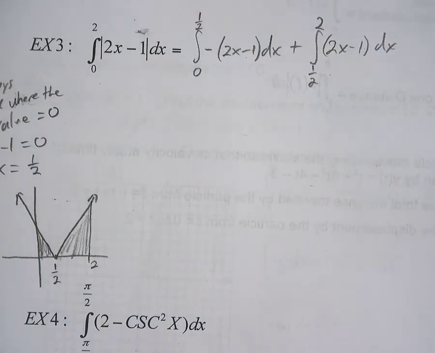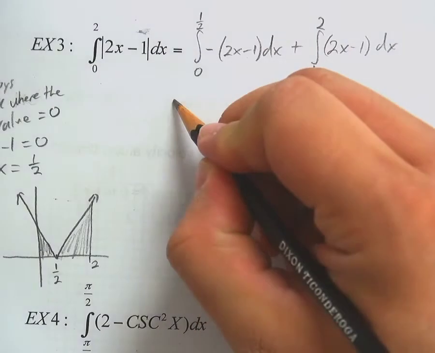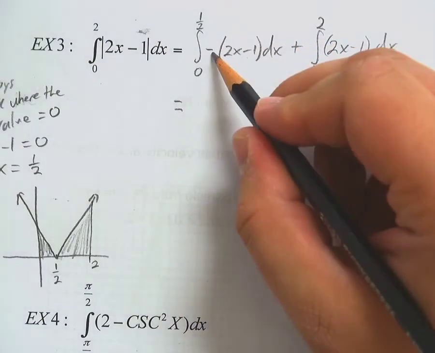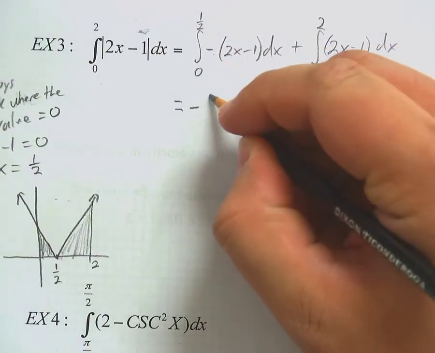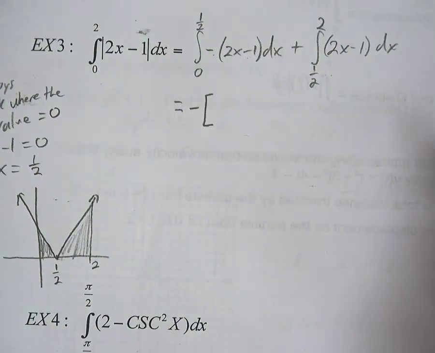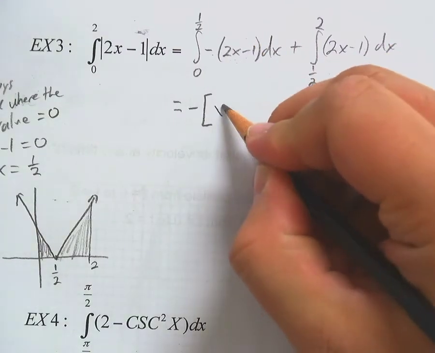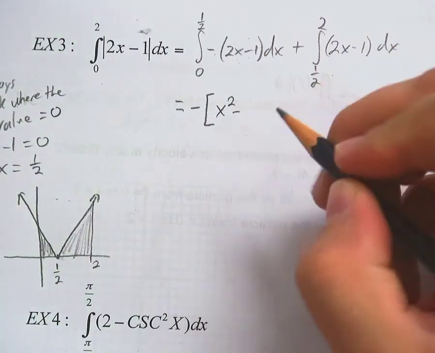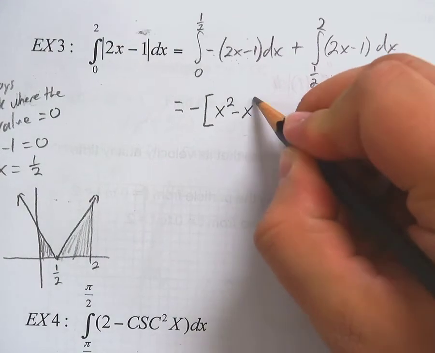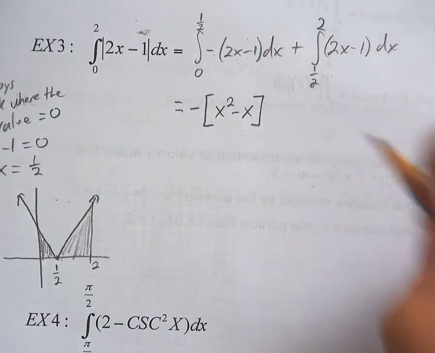And then we can just integrate. Pull your negative 1 out of here, so it's negative times, and let's integrate it. This will be x squared over 2, so 2x squared over 2 is x squared minus x. Remember, I don't have to do a plus c here. Hallelujah.